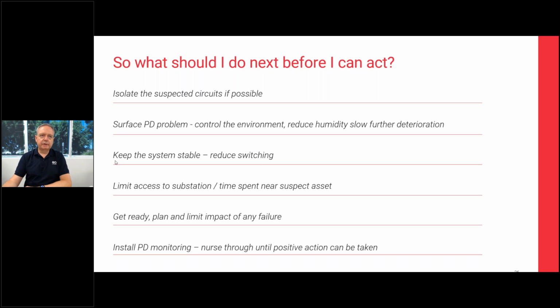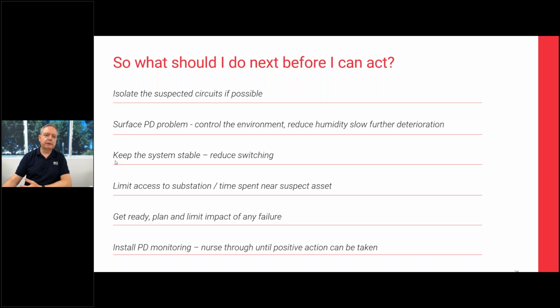If it's a surface partial discharge problem, you can look at controlling the environment. Reducing humidity will slow further deterioration and maybe buy you time until you can get that outage or your shutdown is coming up. We always recommend keeping the system stable, so reduce switching.